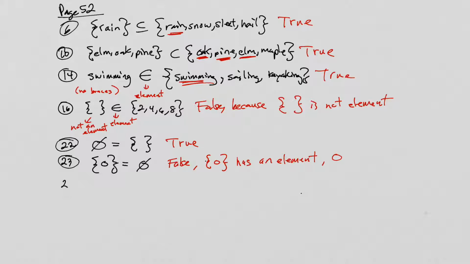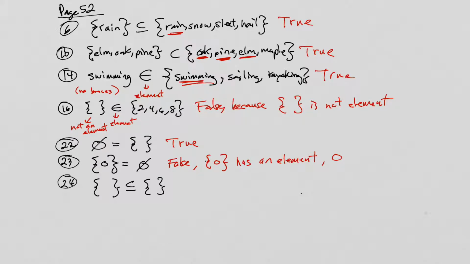24. So 24 is saying the empty set is a subset of the empty set. If you look back at our chart, you will see that this is true, because the empty set is the smallest possible set.